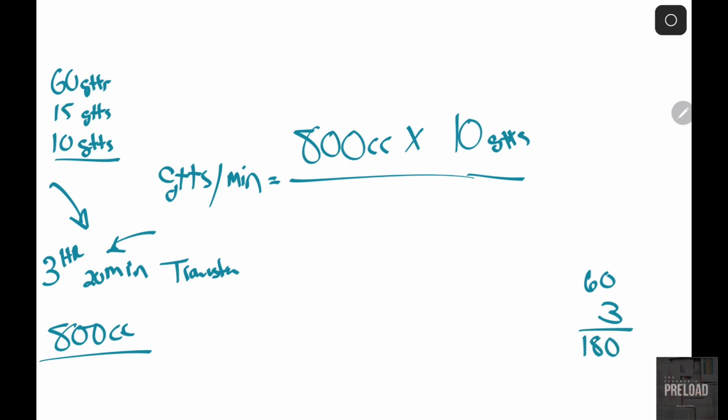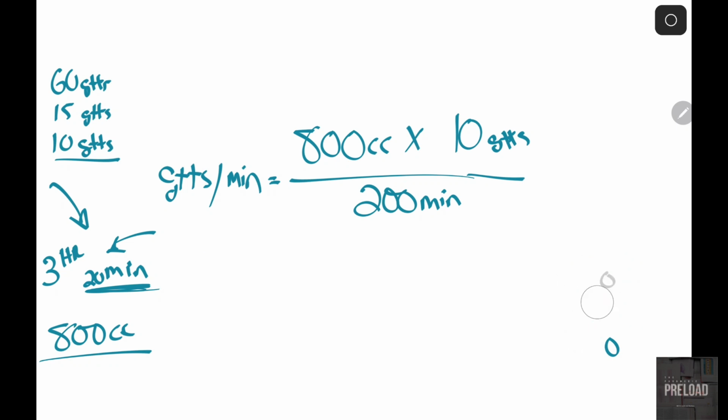So that's 180 minutes because there's 60 minutes in an hour and we have 3 hours. Now we know we need 3 hours and 20 minutes, so on top of that 180, we add the 20 minutes, which will be 200 minutes. And there's our number that we can work with.